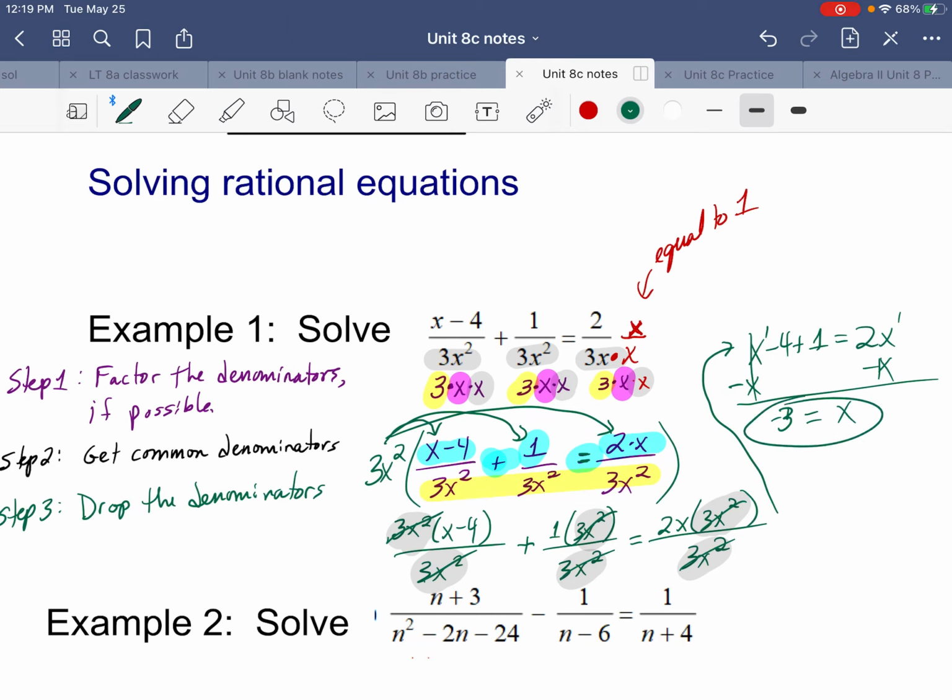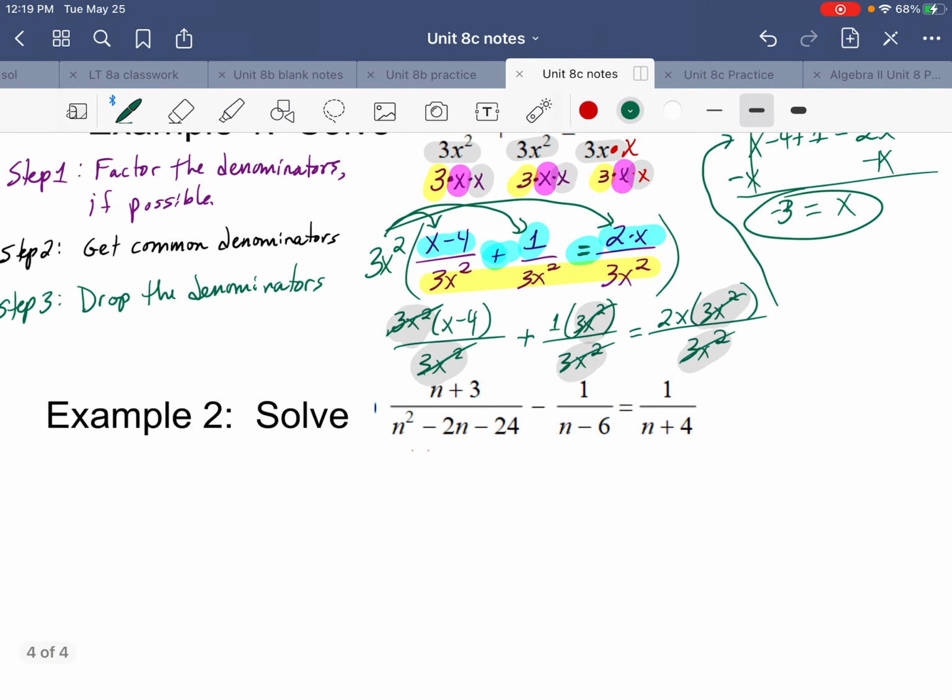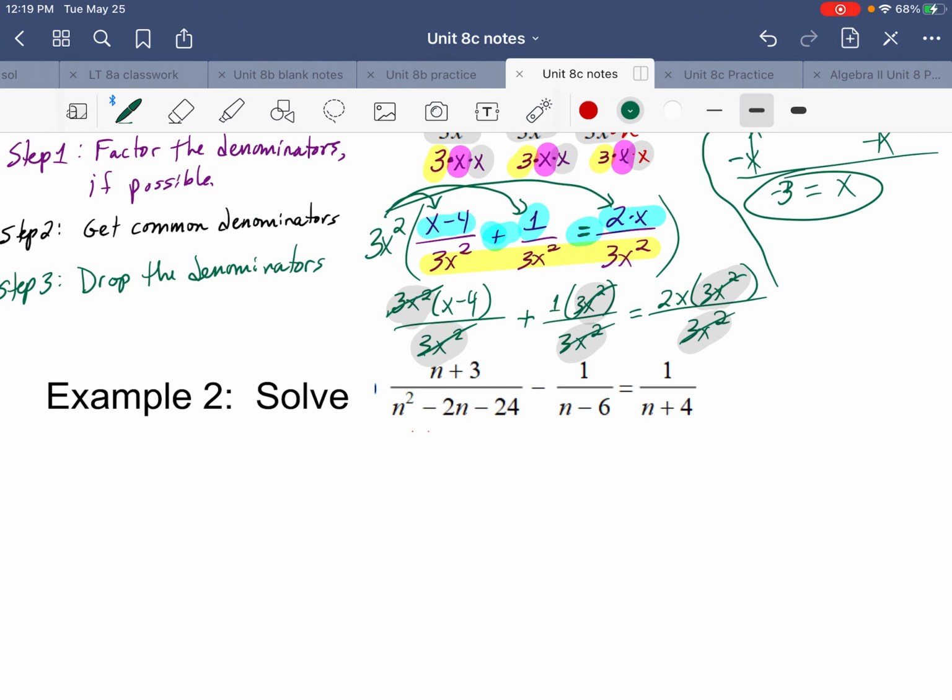So x equals -3. Cool, there's our answer. All right, example 2. Oh yeah, the last step, step 4, is to solve the equation. I did not write that down. And the equation comes from the numerators.